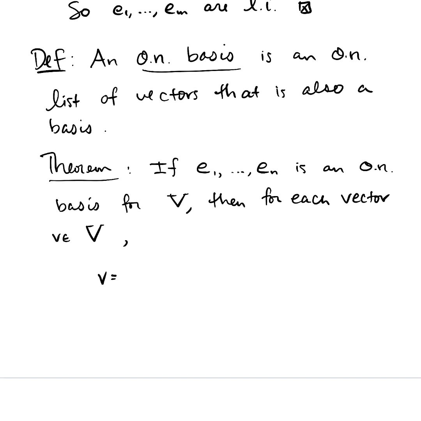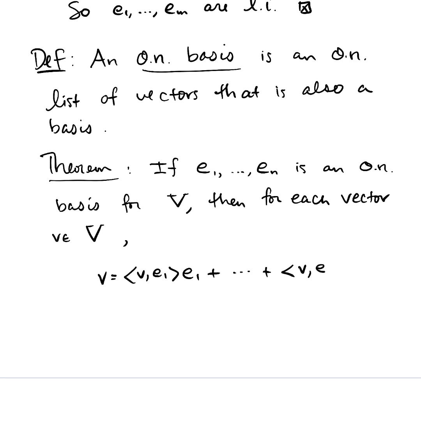Oh, but if your basis is also orthonormal, then it is not hard. And any V is simply this combination of E1 through En.